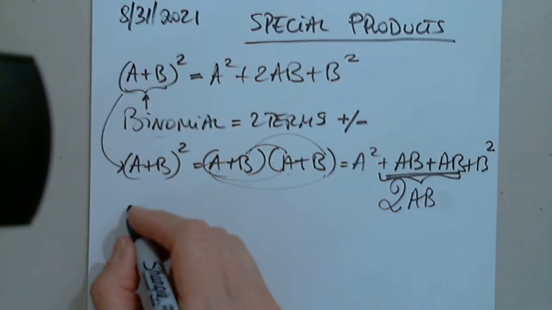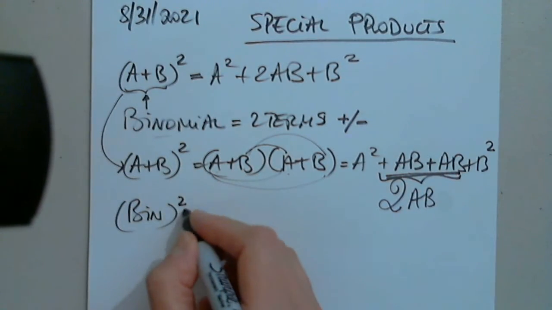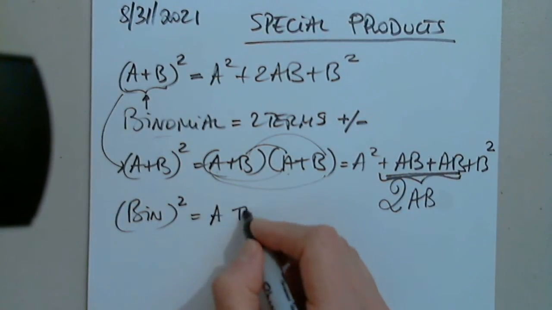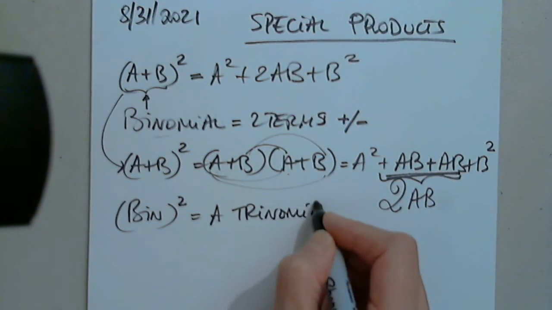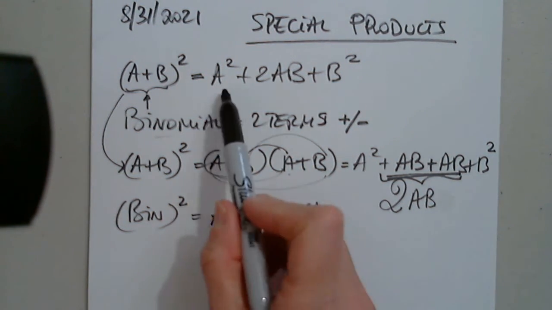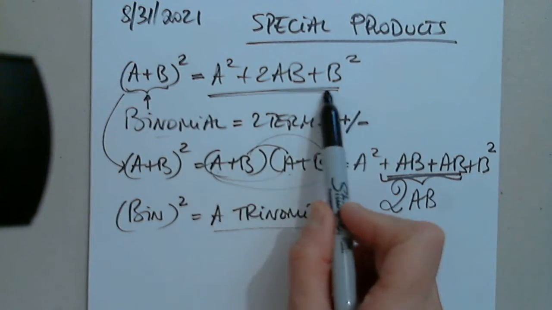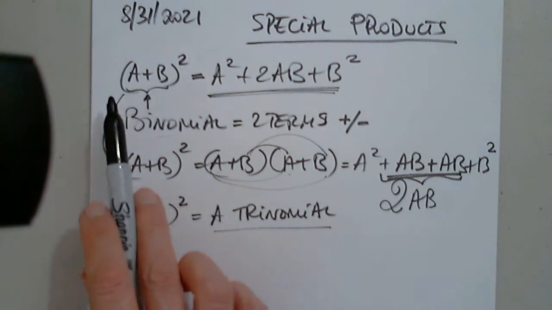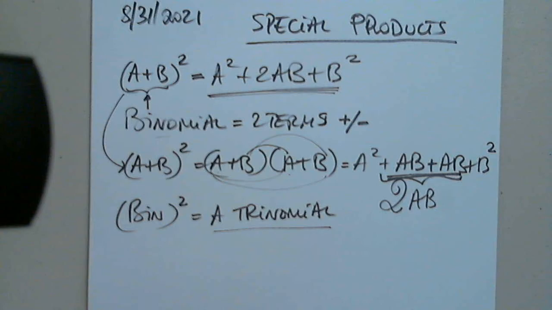You can write it as a binomial squared equals a trinomial. Trinomial means three terms. So please never say that A plus B squared is A squared plus B squared. That would be incorrect.